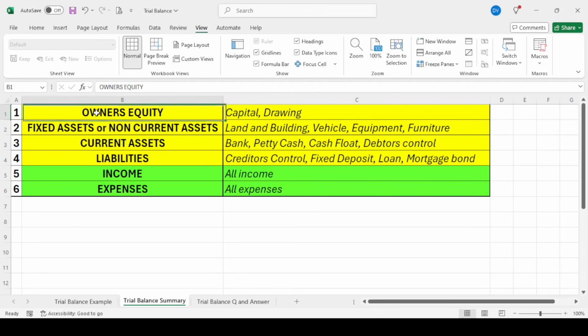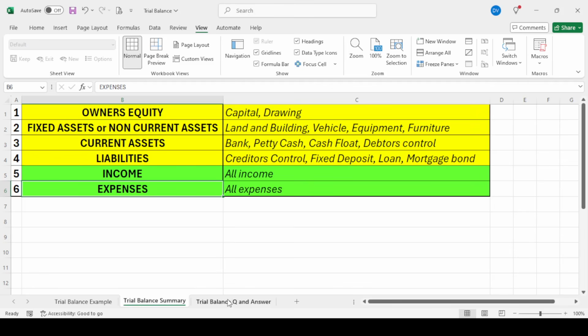You've got owner's equity: capital and drawings; fixed assets: land and buildings, vehicle, equipment, furniture; current assets: bank, petty cash, cash float, and debtors control; liabilities: creditors control, fixed deposit, loan, and mortgage bond. That is your balance sheet section. Nominal account section is your income and your expenses. That's it. Maybe take a moment and write that down.